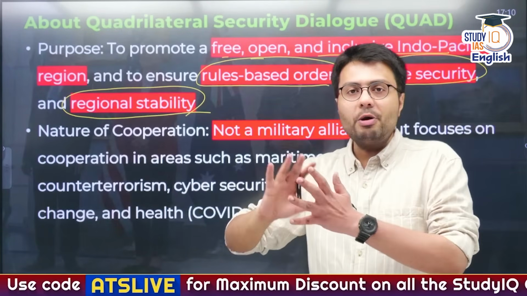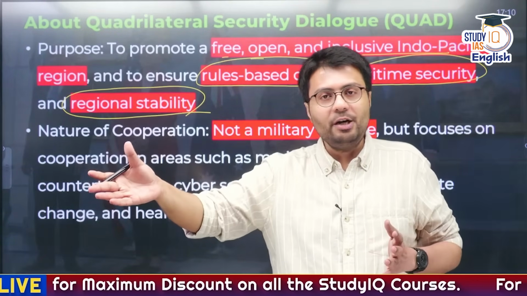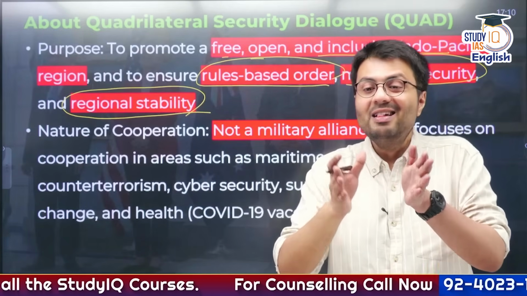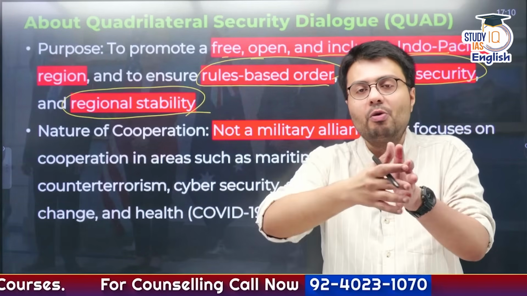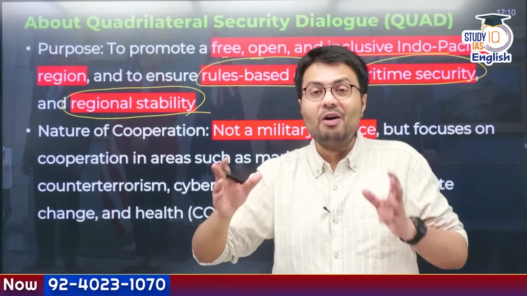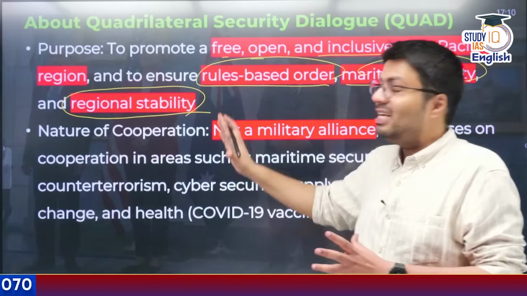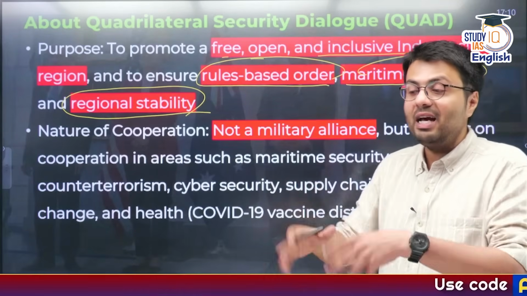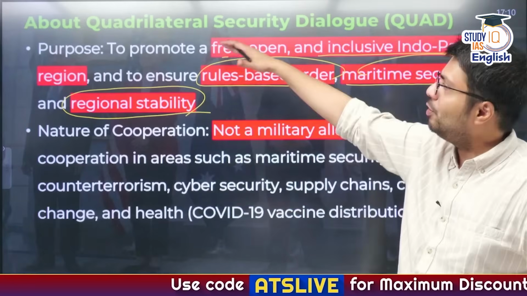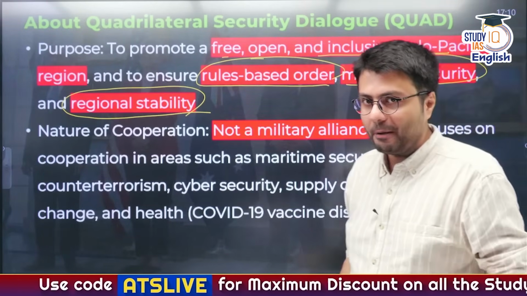Suppose a commercial ship is traveling from port A to port B, Chinese naval ships would try to follow these ships, threaten them indirectly, and after a few nautical miles go away. This type of coercive action by China without any provocation made these countries realize that China is going to be a big problem in future. That is why they ganged up together to form a quadrilateral security grouping.